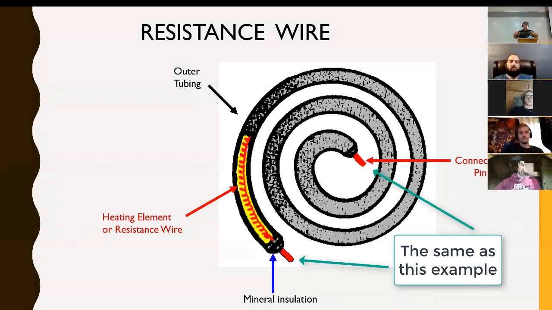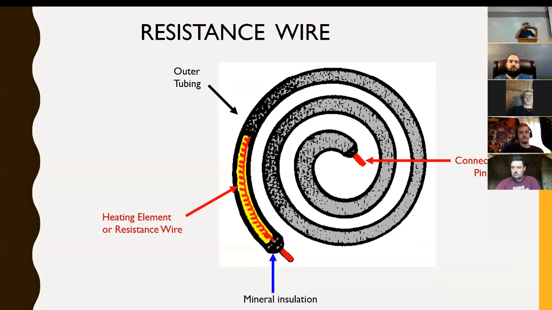In this case, it's 40 ohms. The reason that it's 40 ohms is because of whatever substance this is and that coefficient of resistivity, how long this substance is, and how big around it is. So those three things make this 40 ohms.